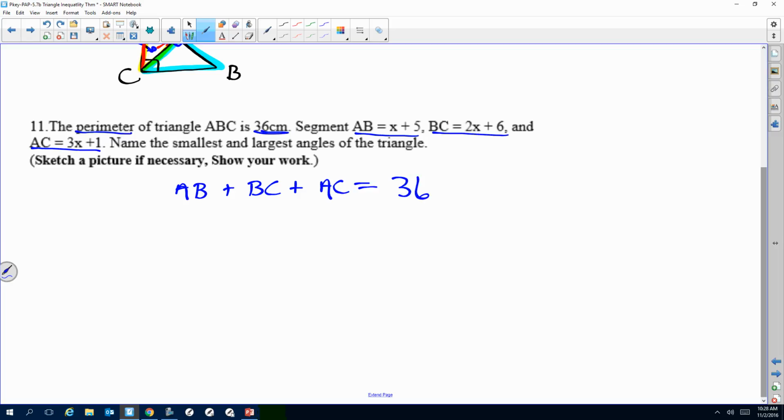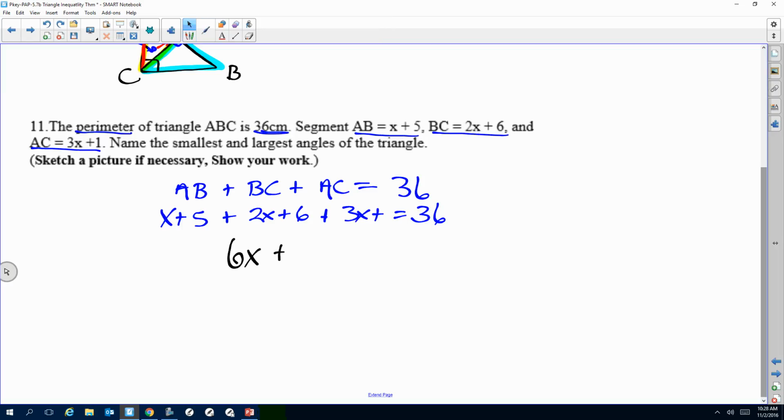Perimeters are distance around the sides. So I can just substitute x plus 5 and 2x plus 6 and 3x plus 1, equals 36. Or we can do some mental math and simplify because we're combining like terms, correct? All right, so that would give us 6x plus 12 equals 36.